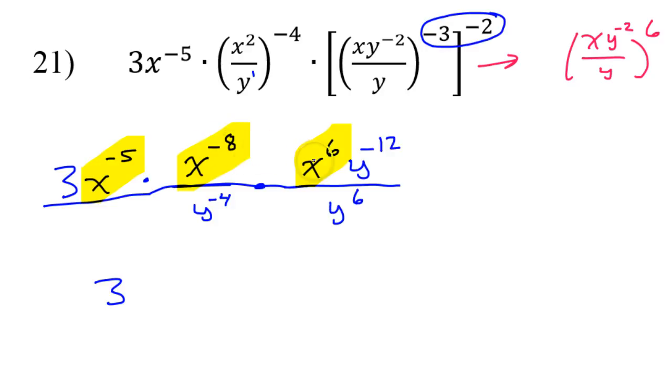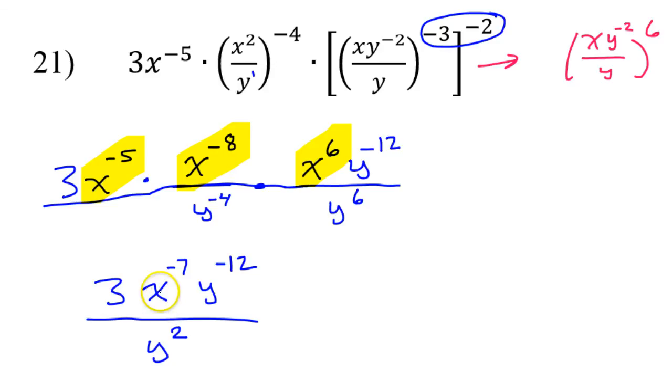Negative 13 plus 6 is negative 7. So I've got x to the negative 7 power, and then I've got my y to the negative 12 power. All right, of course, these are the same. They're both y's. So negative 4 plus 6 is 2. So that's going to be y squared.